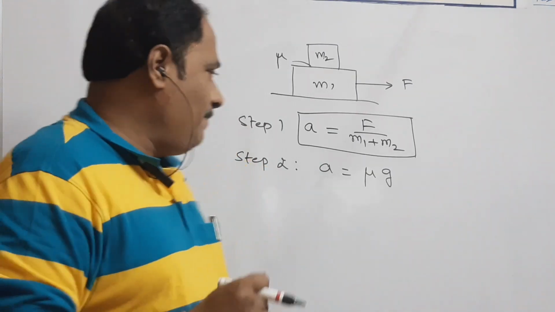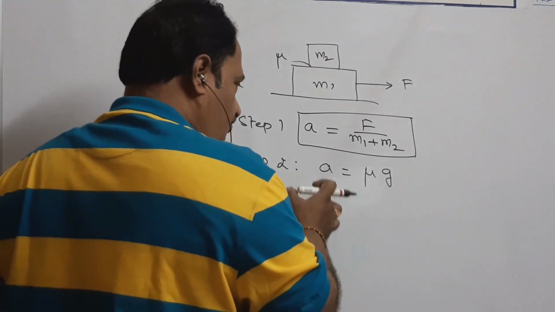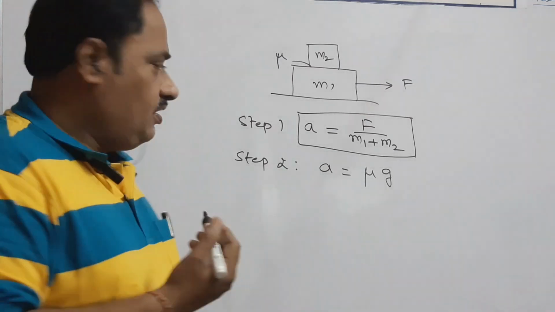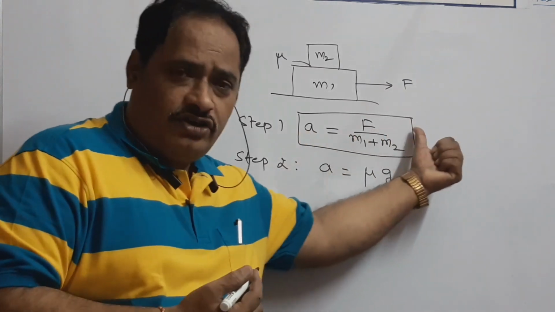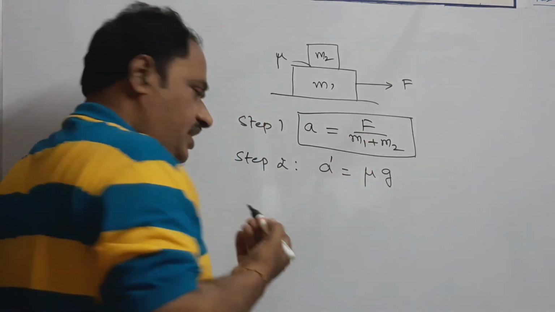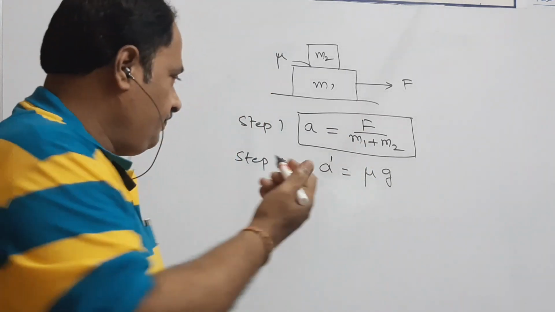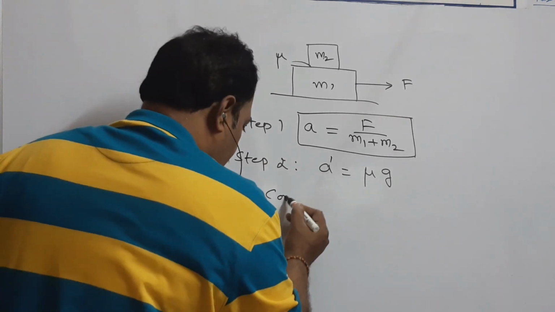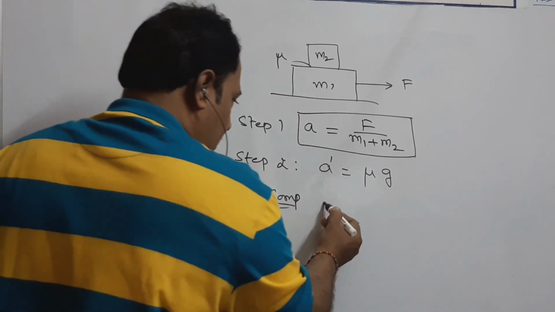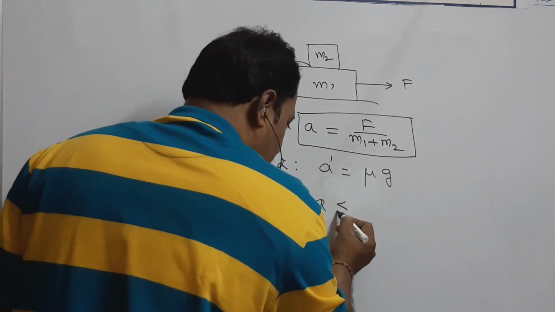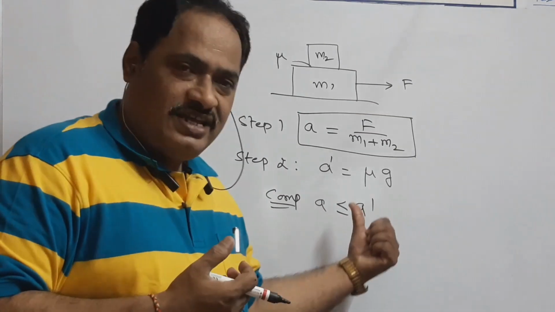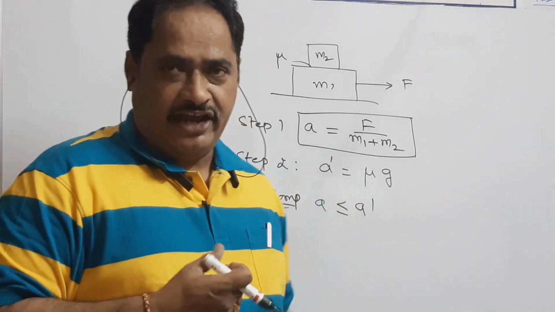Now you have to compare this acceleration A, equal to F by M1 plus M2, with this mu g value, A dash. Comparison: if A is less than or equal to A dash.